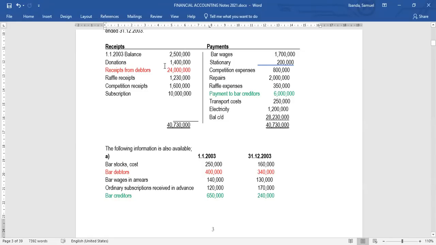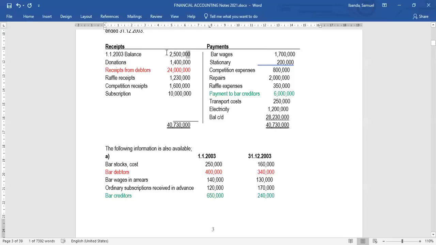Remember, cash should have a normal debit balance, okay? Now, if you have it at credit balance, it means that in next financial year, it will be a balance brought down.